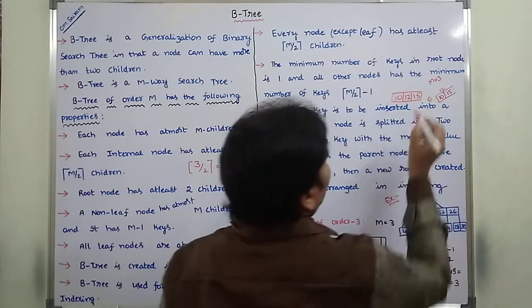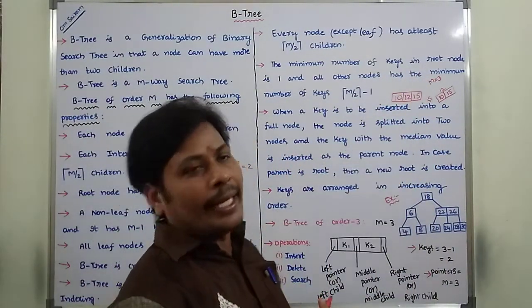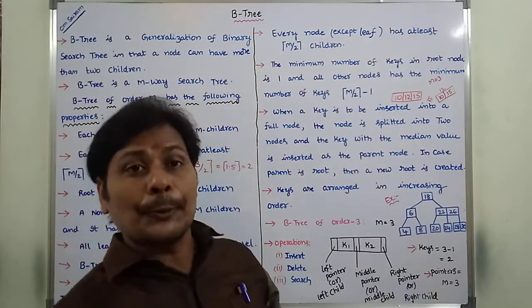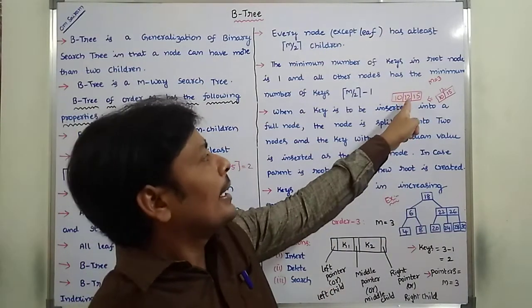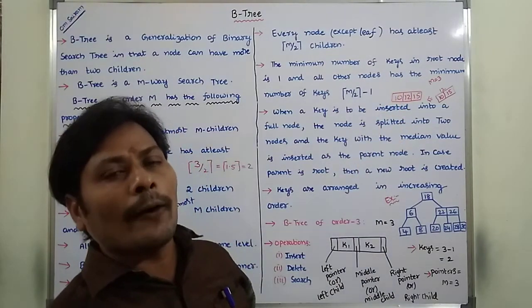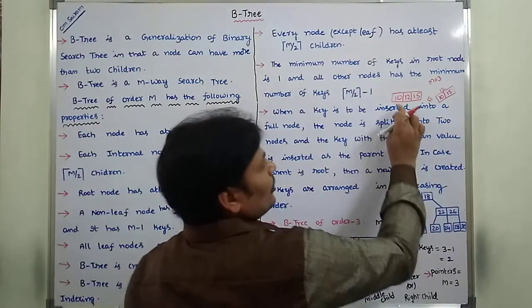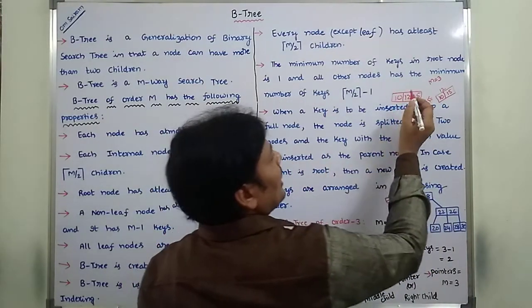But it is invalid because in the order of 3 of B tree, every node contains 2 key elements, but here it contains 3 key elements. It is not a valid node in the order of 3 of B tree. So now the median value in this one is 12.